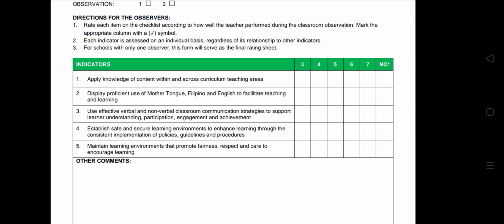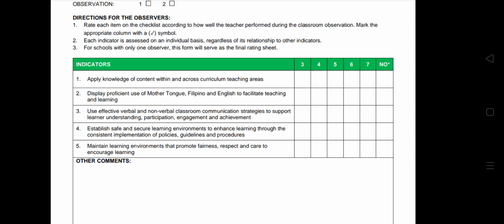So, cite for example, pag nakita naming ang guro or the teacher applies extensive knowledge of content beyond his or her area of specialization, meaning masobra pa sa kung saan expert ang guro, nagbigay pa siya ng masobra pa doon, meaning pumunta siya sa ibang specialization without hesitation, without hirap kung ano ba ang mararanasan ng isang guro na medyo nahihirapan sa isang subject.